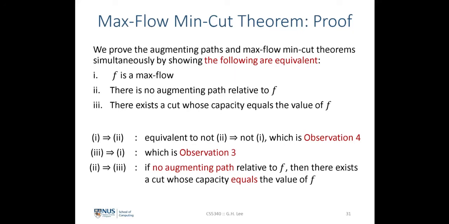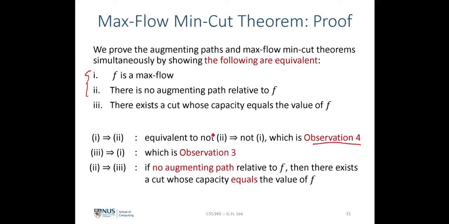The first property is that F is a maximum flow, and the second property is that there is no augmenting path relative to F. By proving these 2 properties to be equivalent, we would have proven that the augmenting path theorem is true, such that when there's no augmenting path, we have reached a max flow. This is actually equivalent to observation 4 that we have seen earlier.